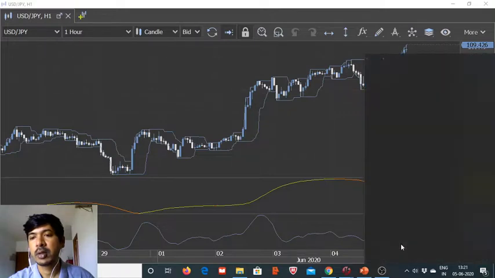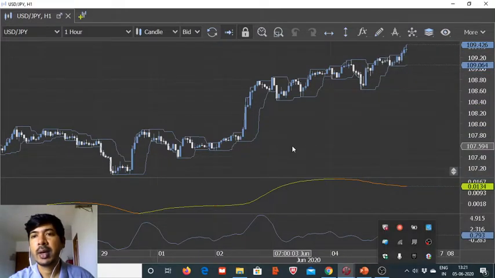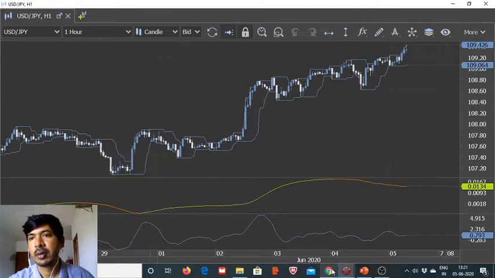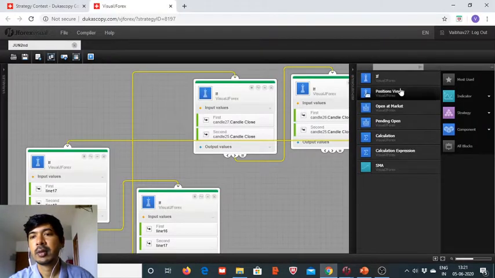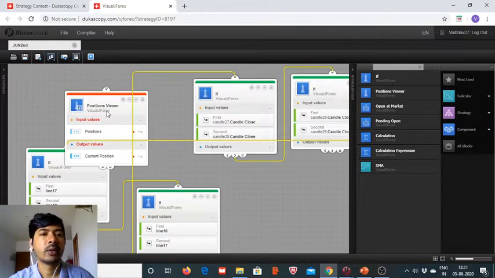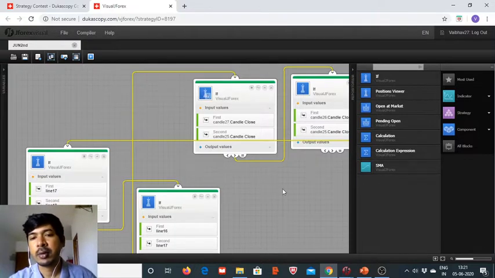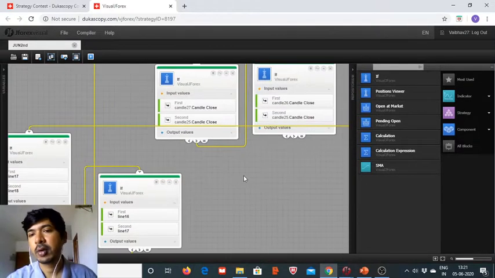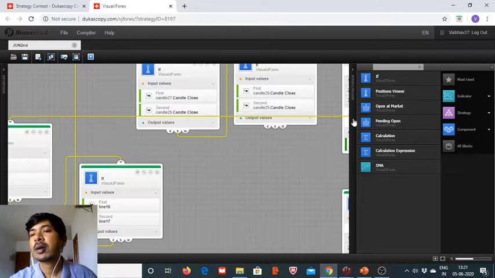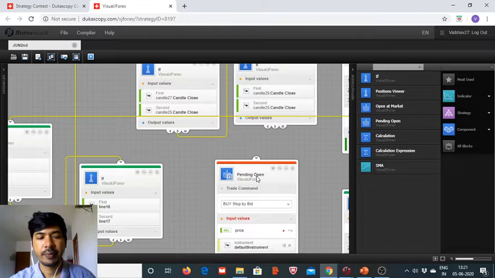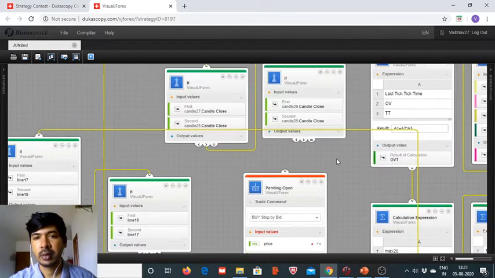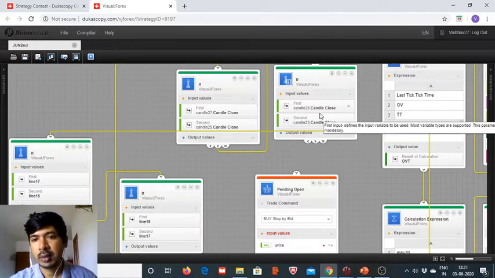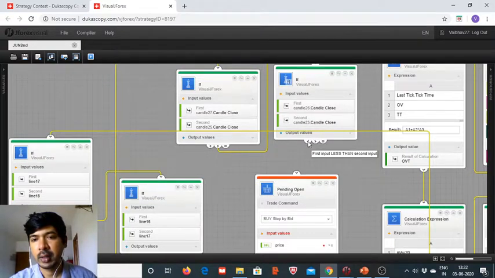Okay, we have got the connectivity back. All right. So now let us see. Oh, thank God, we are not losing out on time. Now we need to bring in the pending open. So here candle 26 close needs to be less than the candle 25 close.